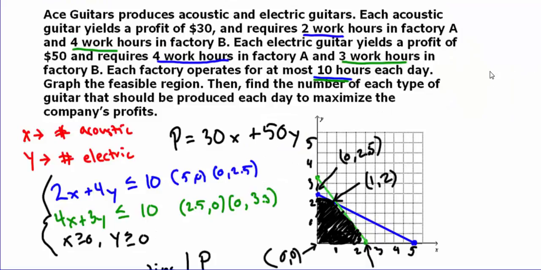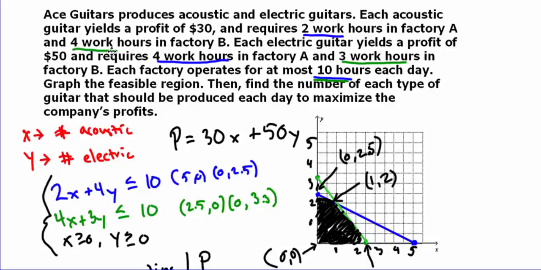This one, picking the constraints out might have been a bit of an issue. You were, again, maximizing profits, so 30x plus 50y. But to get the inequalities, you had to look at it in terms of factory A, where we had 2 work hours and 4 work hours, and we could work for at most 10. That's this blue equation.